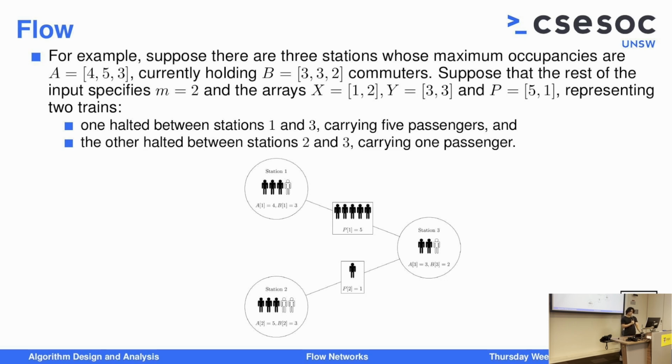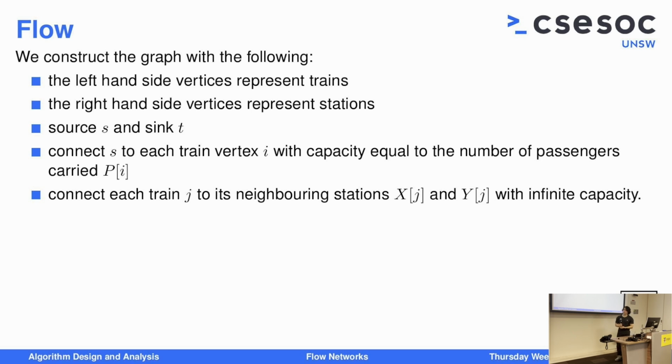The solution we're going to use is essentially the very prototypical sort of flow network you construct. I have a source, I have a sink, I have a bipartite graph in the middle, where the left-hand side represents something in my problem, the right-hand side represents another thing.